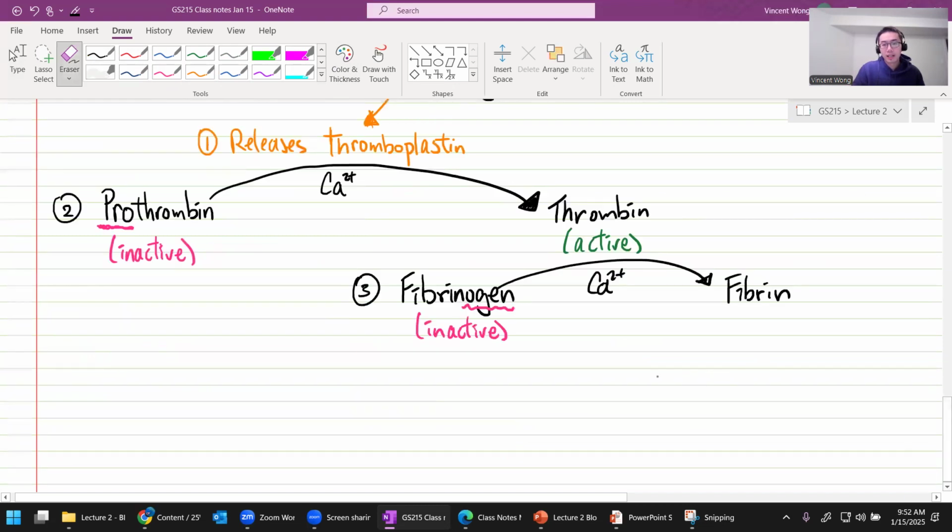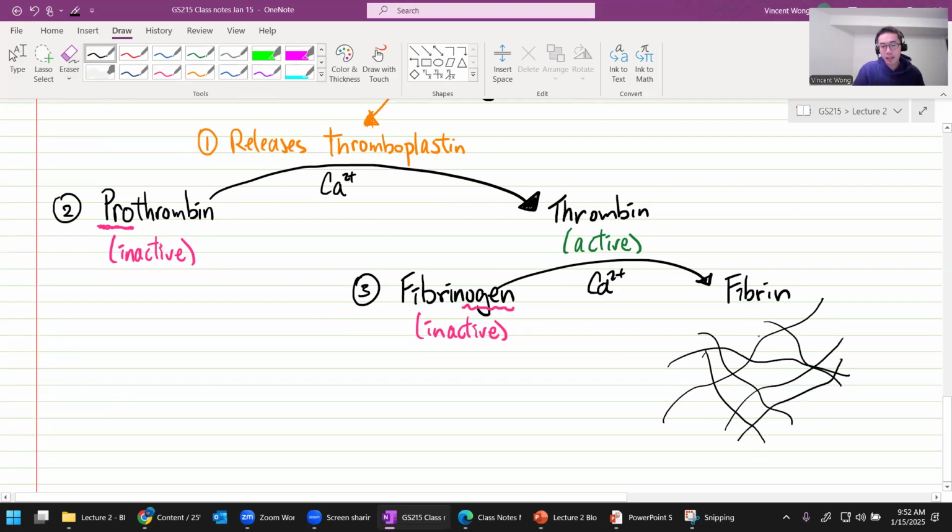Fibrin are basically these long strands of white fibers, okay, and it forms a net. So the net is going to trap the platelets, and it's going to trap some red cells as well, and it basically helps seal the wound, and eventually it becomes the scab.